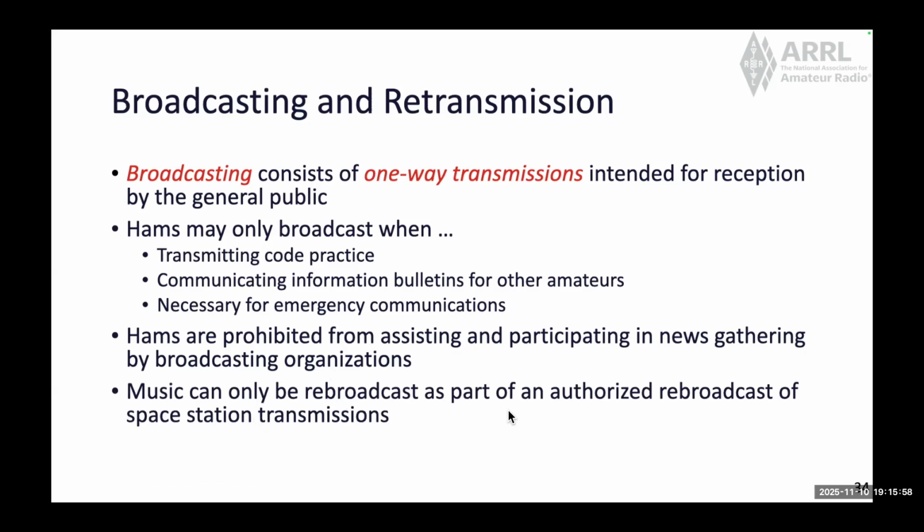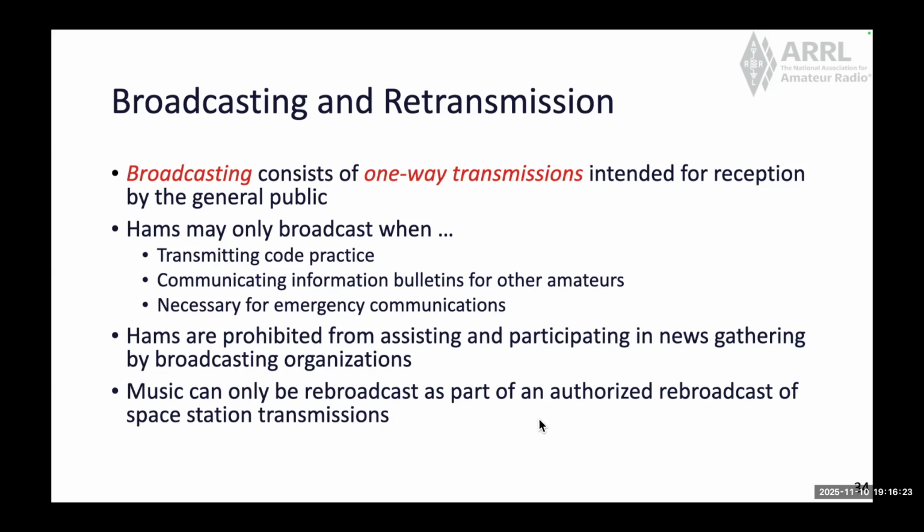Music can only be rebroadcast as part of an authorized rebroadcast of a space station's transmissions. In other words, when you get on an amateur radio, you're not supposed to have music playing. But now, if you're communicating to the space station and they've got a radio playing in the background, when you're talking to them, you may hear that radio in the background.